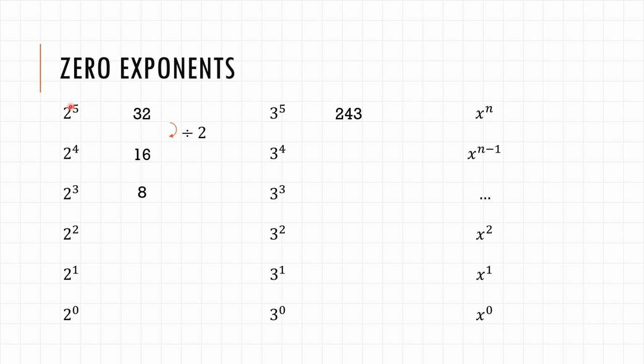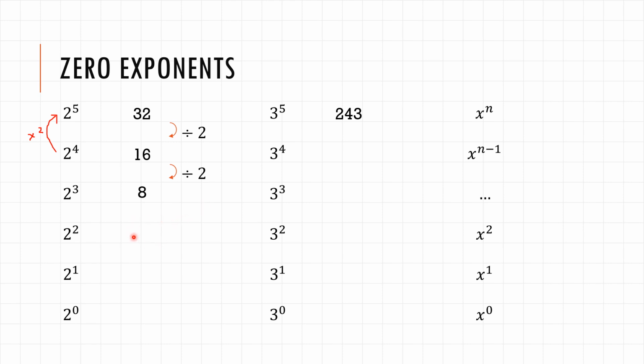So 1 extra time. To go from here to here, I multiply by 2 one more time. And that means to go backwards, I do the opposite of multiplying by 2. I divide by 2. So to go from 32 to 16, I divide it by 2. To go from 16 to 8, I'll divide that by 2 as well.